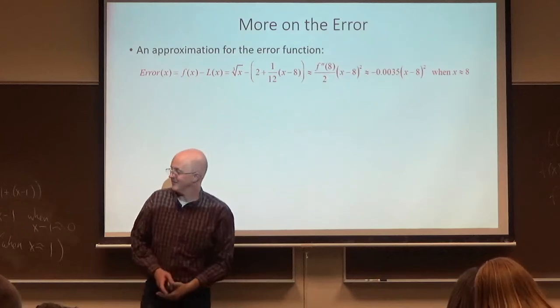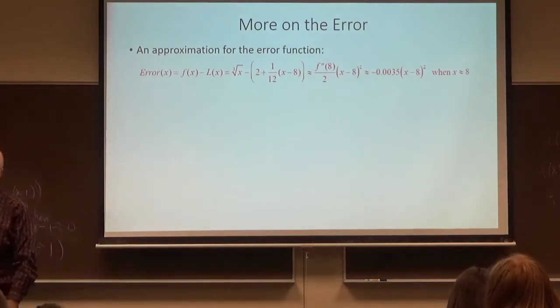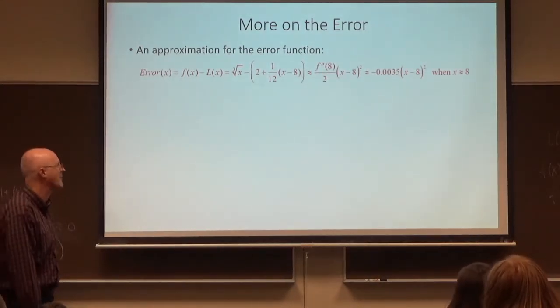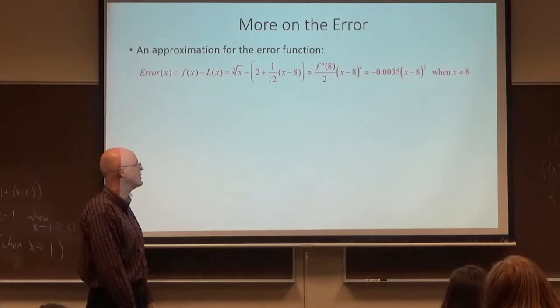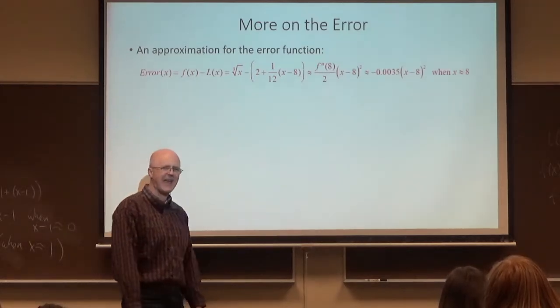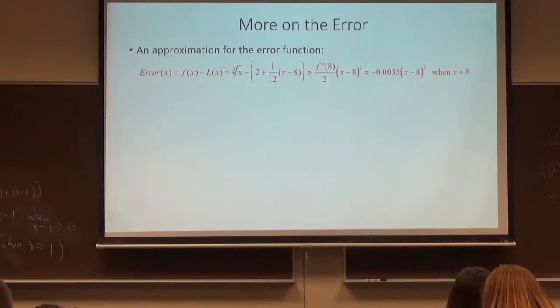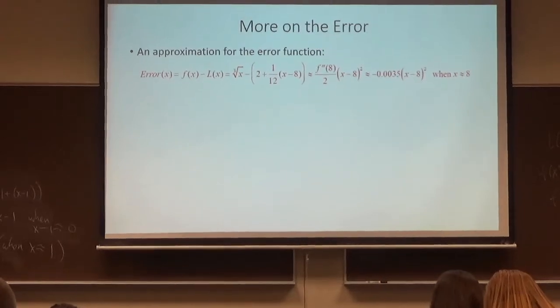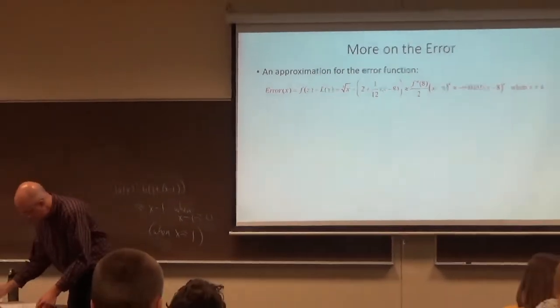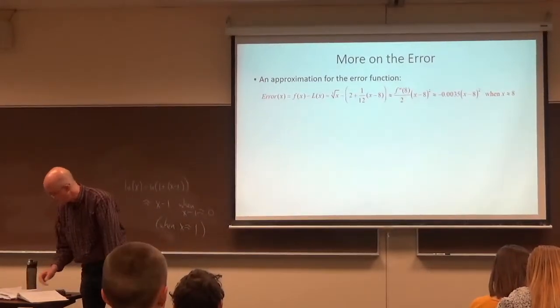It turns out that that's approximately equal to f double prime at a, which is 8, divided by 2 times x minus a quantity squared. Again, a is 8. Where am I getting that? Well, it's something in the book. It's in section 3.9, page 171, in the box.